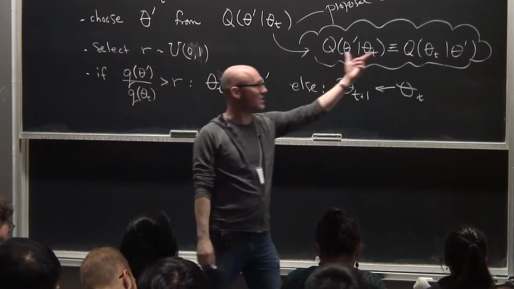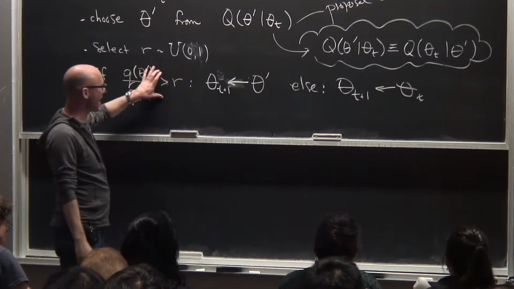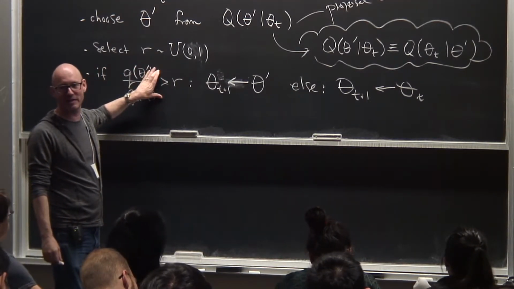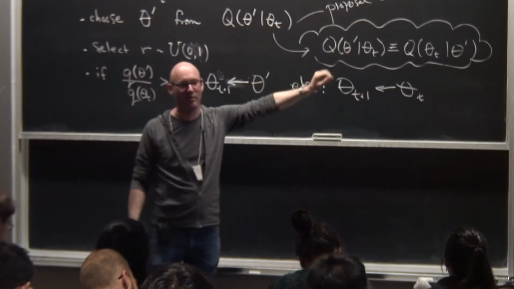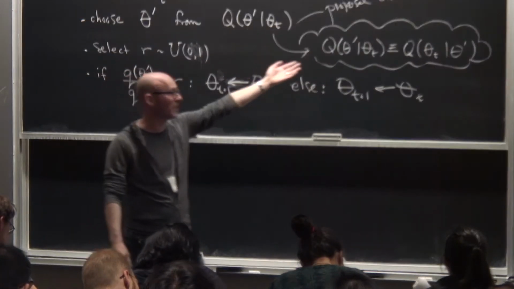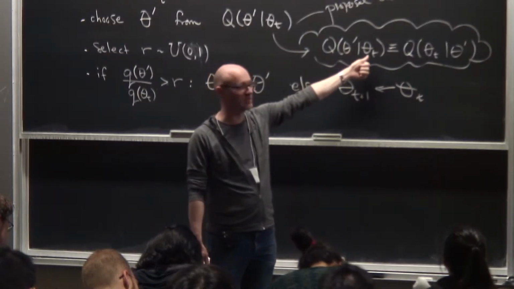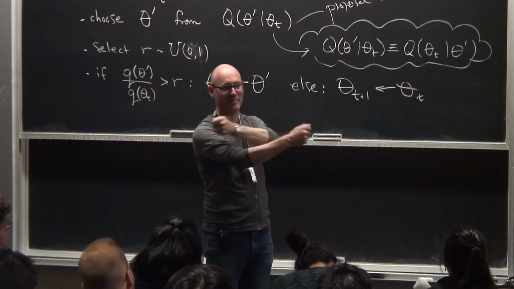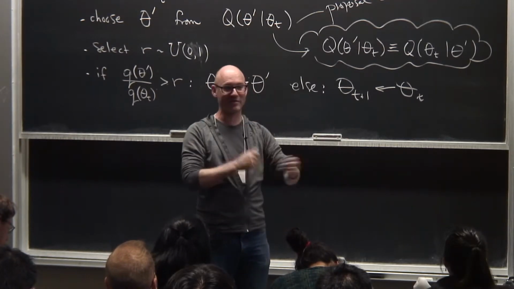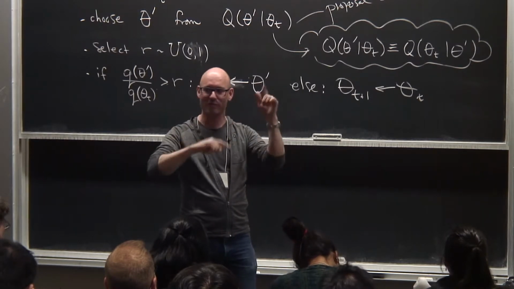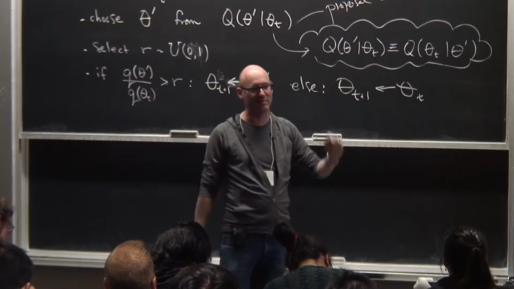If you make this not true, then there's a factor of capital Q's that comes in here as well. But we actually advise people to stick with this form. This form is still very generic. Gaussian, where this is the draw and this is the mean, has that property. You can swap the mean and the draw. Mixture of Gaussians is still good. Various kinds of uniforms and things you can set up have these properties.